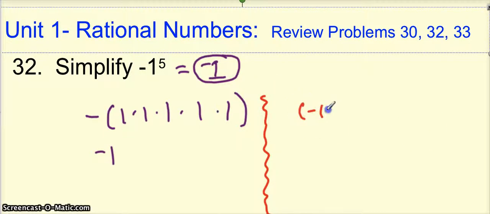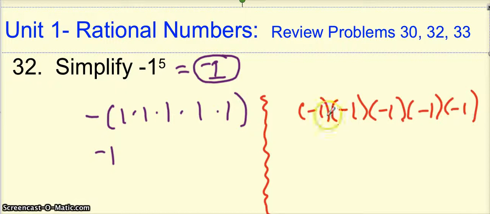If you happen to do negative 1 times negative 1 times negative 1 times negative 1 times negative 1, then you still would have ended up with an overall answer of negative 1, but the process is incorrect. So we do not want to do this. We do want to do this.